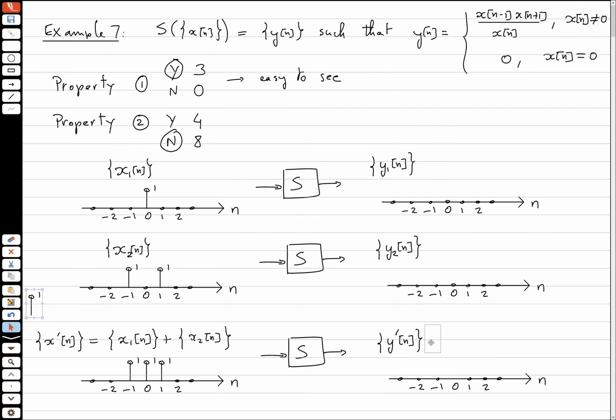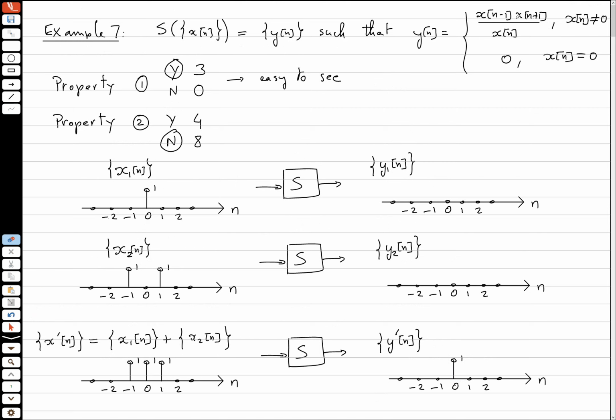So you said, he said that. Do you agree? All right, at 1 you are still going to get 0 because at 1 you are going to get x of 2 here. So I don't care about this.